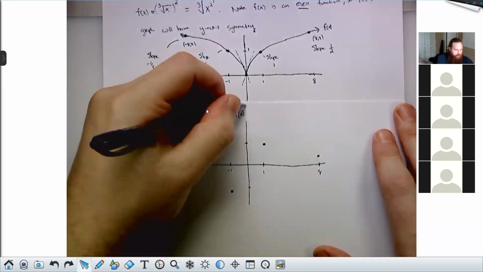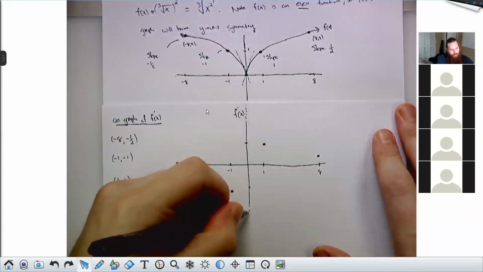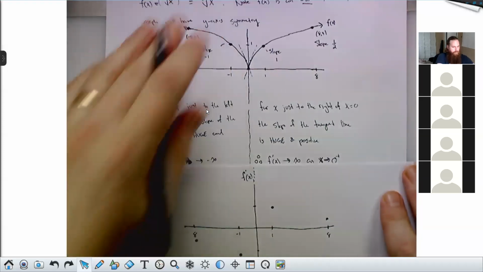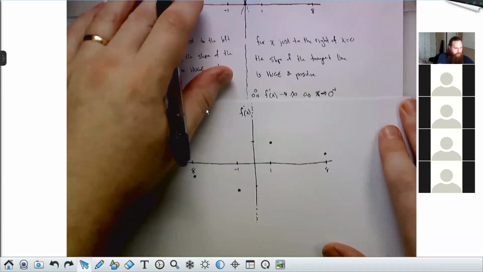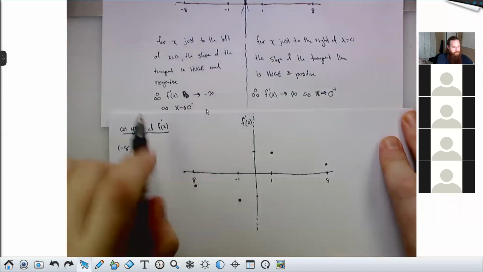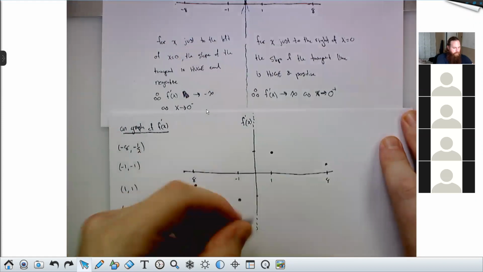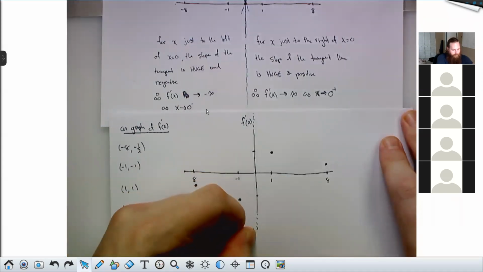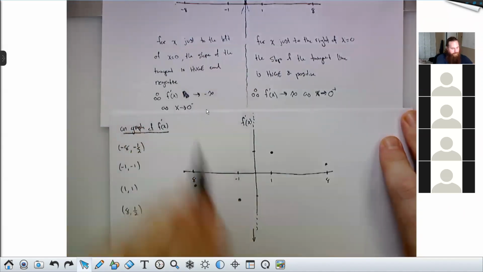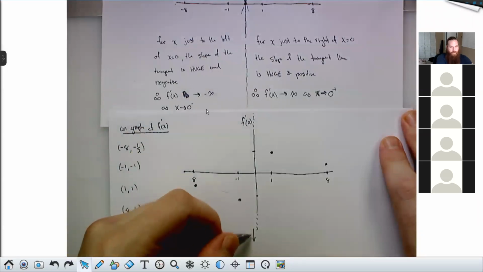The other observation that we had was that f of x goes to -infinity as x goes to 0 from the left. So f prime goes to -infinity as x goes to 0 from the left. So the graph of f prime is going to have a vertical asymptote down here.